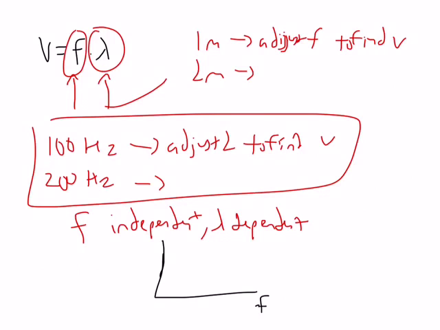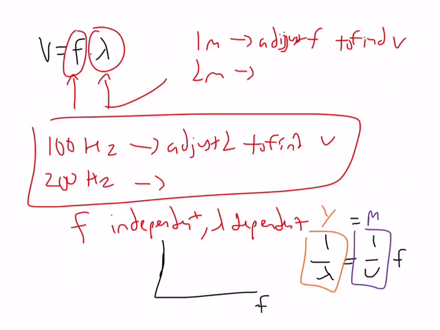So if I take this equation and rearrange it, we're going to get 1 over lambda equals 1 over v times f. And if this is that y equals mx format, right, y equals m, and then x, right?